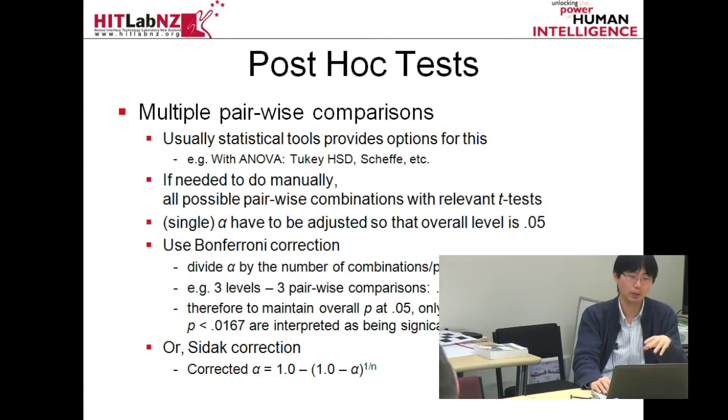So you don't have to worry about formulating all of the pairs and doing the test by yourself. And for ANOVA, there are different types of post hoc tests, which are pairwise tests, called Tukey HSD, Scheffe, and LSD, and so forth. But usually the Tukey HSD is the one most widely used.